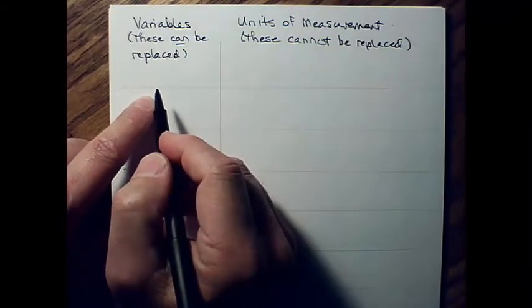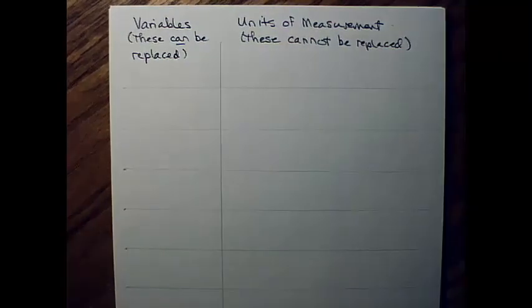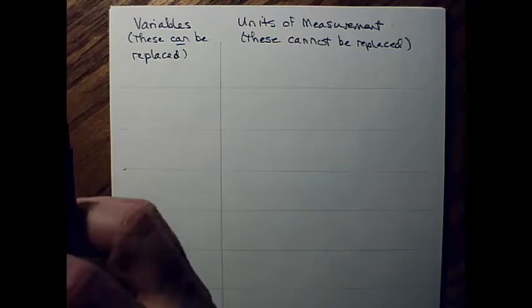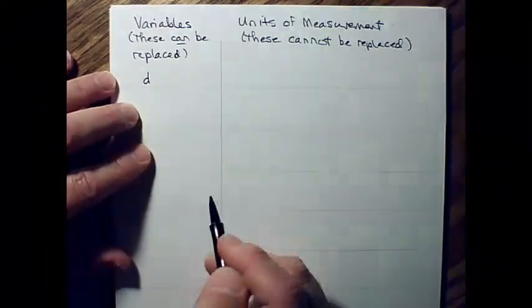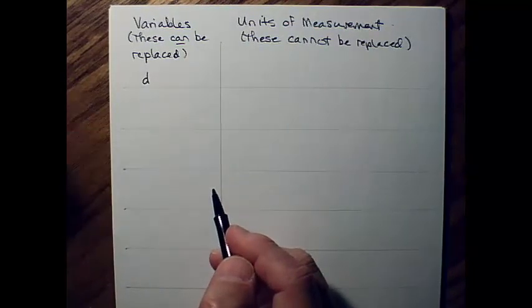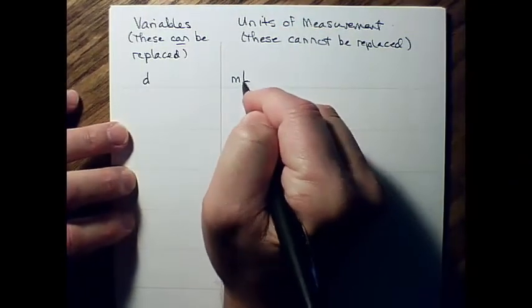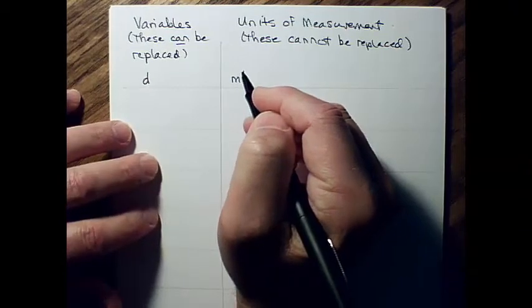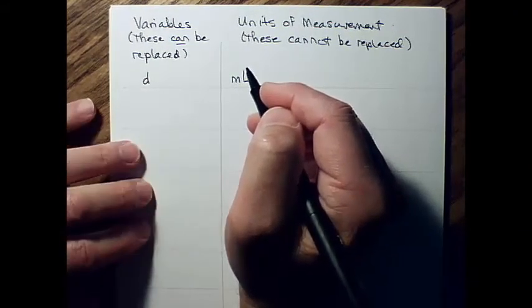Variables are symbols we use for any kind of measurement within that dimension of measurement. So for instance, if we're measuring distance, what kind of units of measurement measure distance? Milliliters? Let's stick with metric because we stay away from the English measurements. Did you say milliliters?